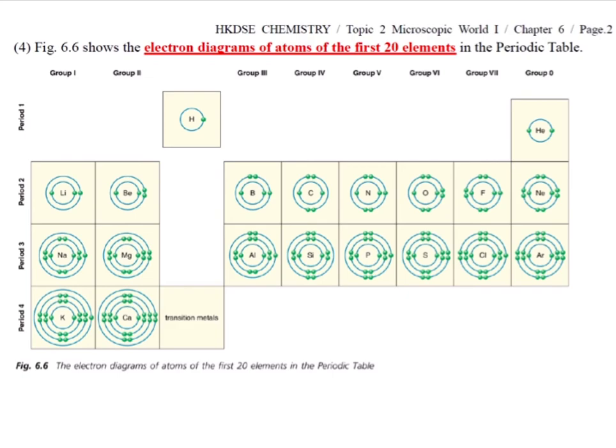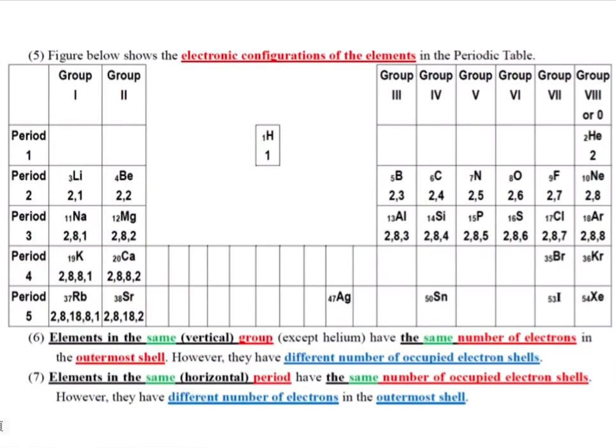So, for example, here. So we are on page 2 already, okay? So, how are different elements arranged inside the periodic table?